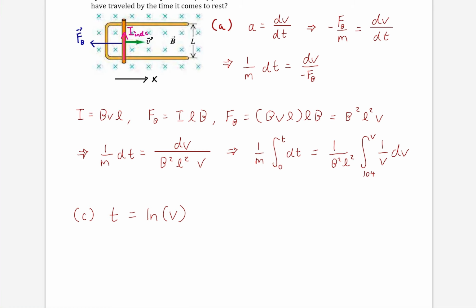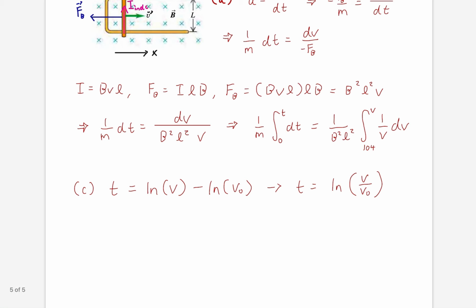Because you're going to have the natural log of v minus the natural log of something else, so natural log of v naught. So then that's going to become t equals the natural log of v over v naught when we use our laws of logs. And importantly, you will have a negative here as well.